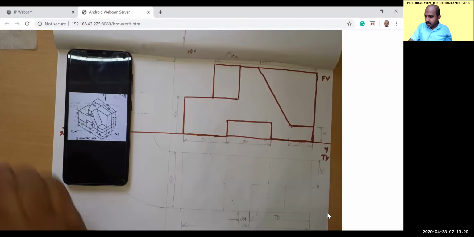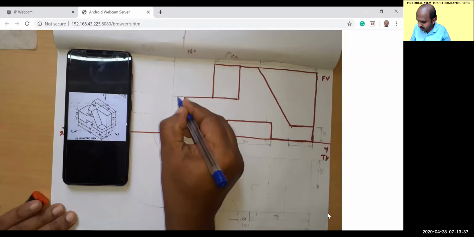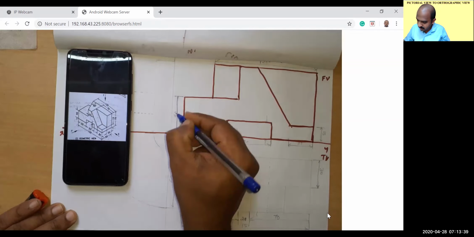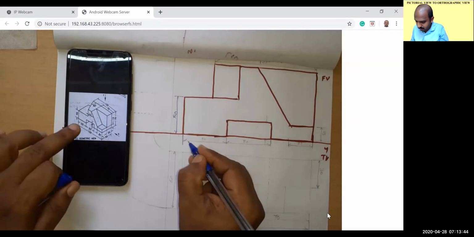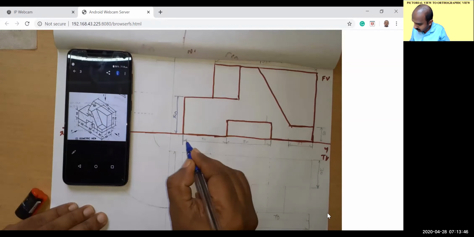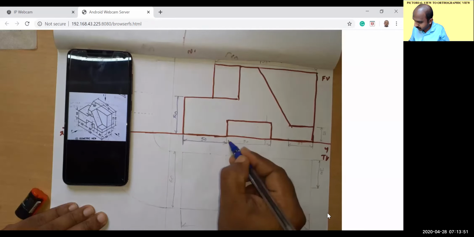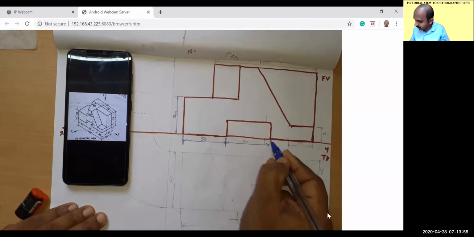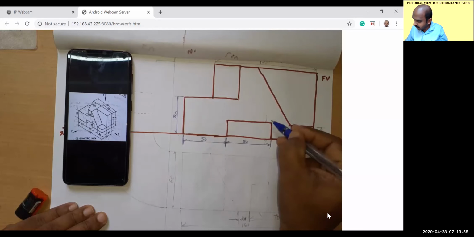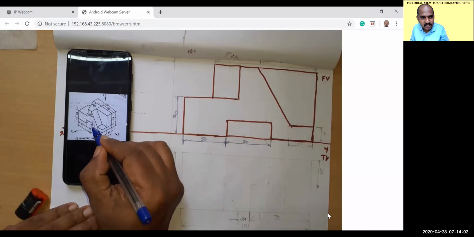Now you can give the different dimensions in the front view. In the figure it is given, this is 40. On this length, it is given as 50, and again this length is equal to 50. Now, what about this rectangle? Its height is mentioned as 18, not 15.